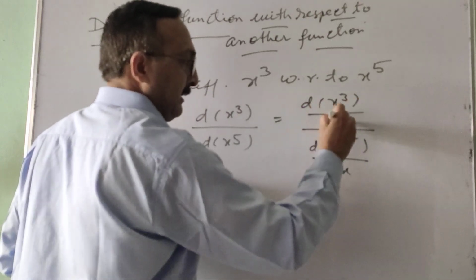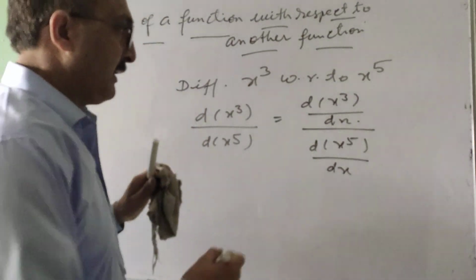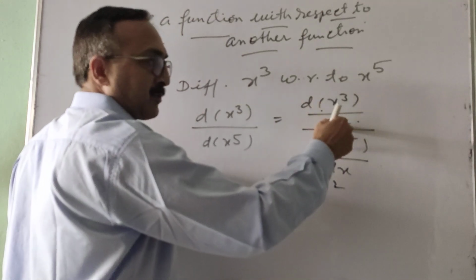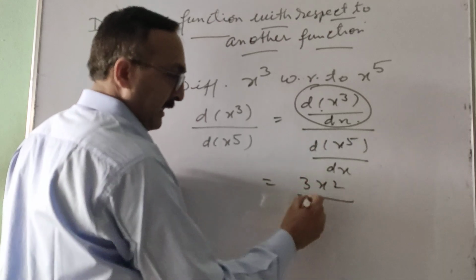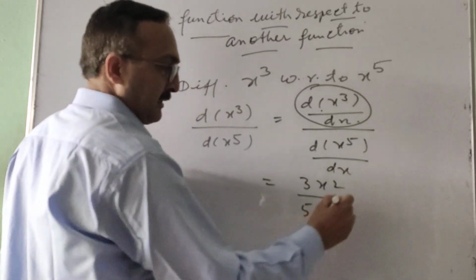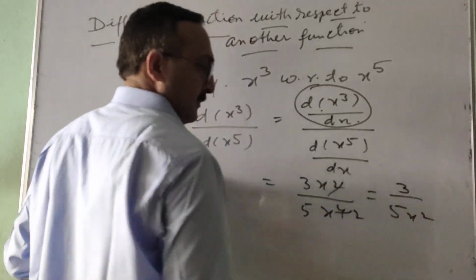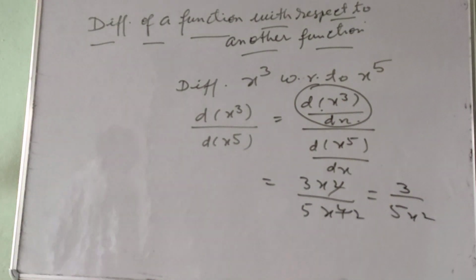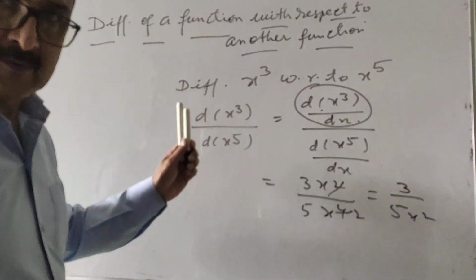Yes, divide by dx in numerator as well as denominator. Now what is this? Differentiation of x cube with respect to x. This is differentiation of x5 with respect to x. Now you can write 3 upon 5, cancel. Okay, this is the solution of this problem. Copy down.